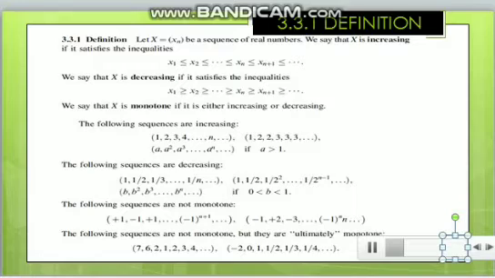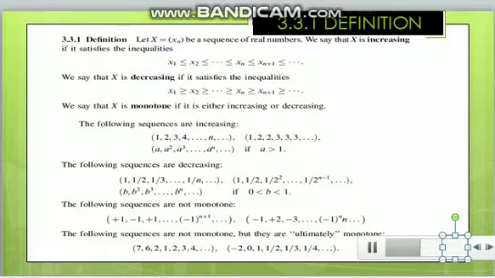We say that X is decreasing if it satisfies the inequalities x1 greater than or equal to x2 greater than or equal to ... greater than or equal to xn greater than or equal to xn+1. We say that X is monotone if it is either increasing or decreasing.